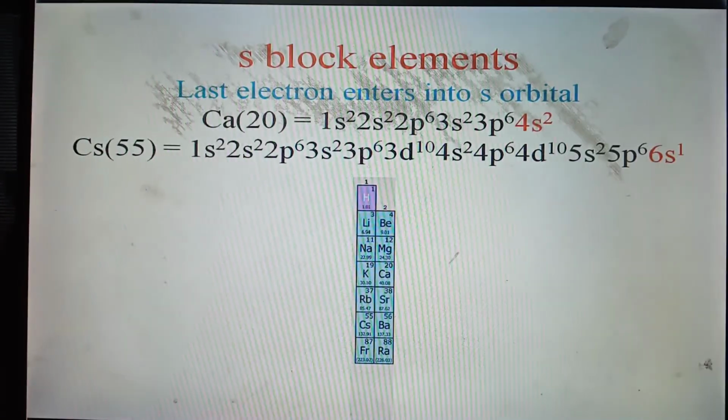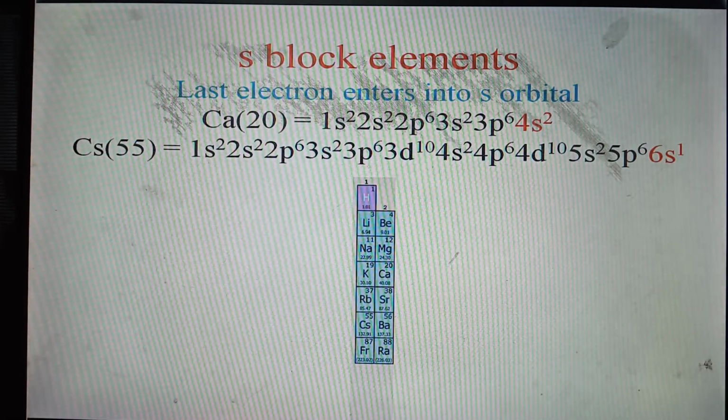At first, the s block elements. If the last electron of an element enters into the s orbital, then the element lies in the first group or second group. That is, the first 2 groups of the periodic table belong to s block elements.